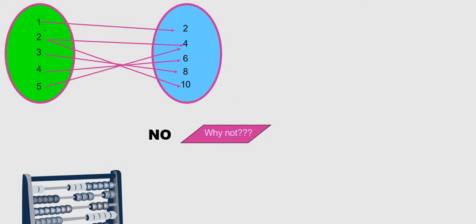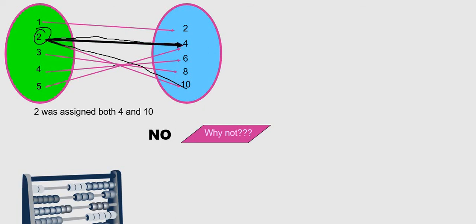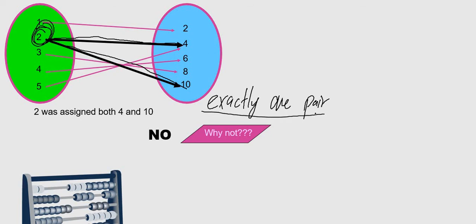Do take note that one of the elements of our domain has two partners, 2 and 10. Because of that, we cannot have this as a function because it violates the condition that the element in the domain should have exactly one pair in our range. Therefore, this is not a function.